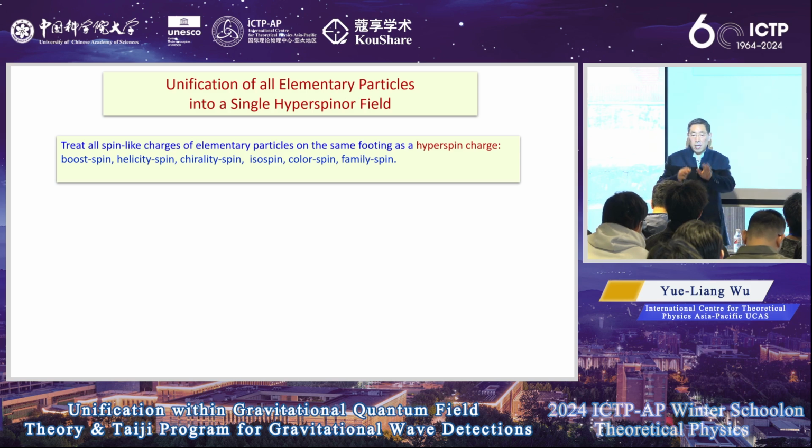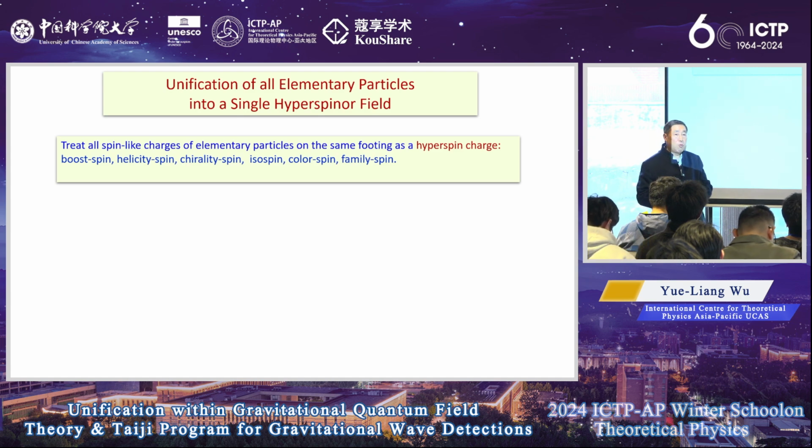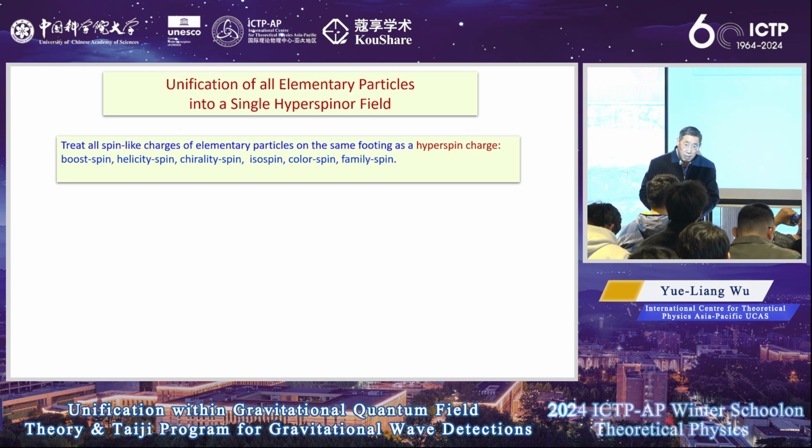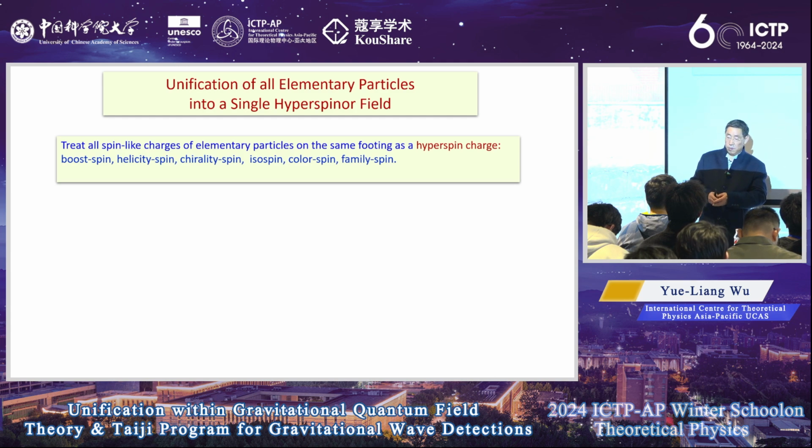We know 48 elementary particles in the standard model, and we have to count the independent degrees of freedom, how many quantum numbers. We now have charge, spin number, isospin number, color spin number, and we count how many independent degrees there are. When we unify all these quantum numbers into a single one, we ask in which dimension of space-time this single particle moves.